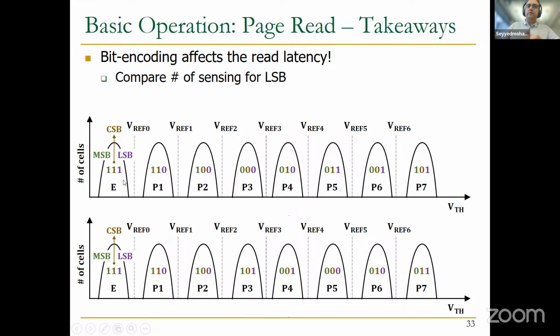So when you want to read LSB, you need to apply VREF0 and VREF4. But following the second encoding, in order to read LSB, you have VREF0, then VREF2, again VREF4, and then VREF6, right? So here you need to apply 4 reference voltages, and in the end, you have 4 sensing latencies in order to read the LSB.